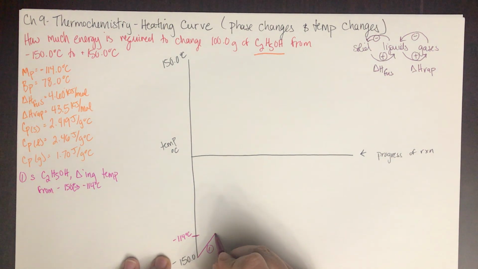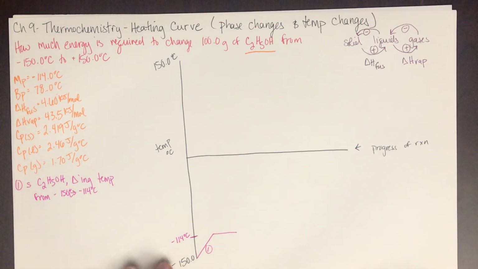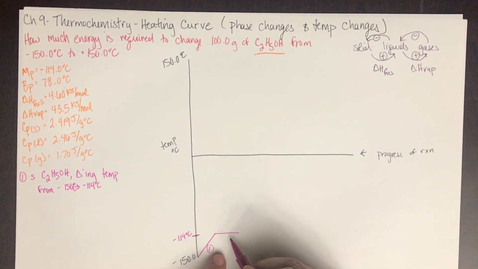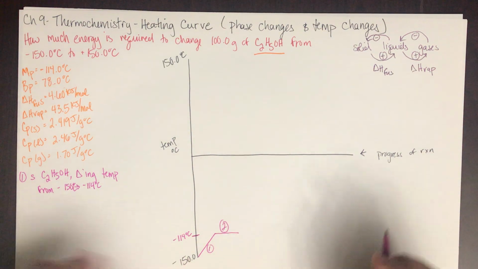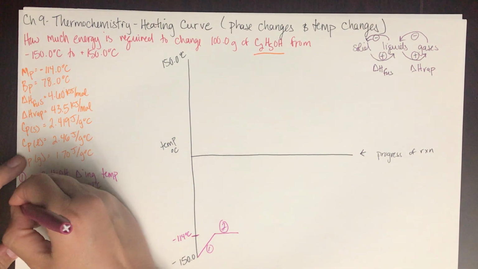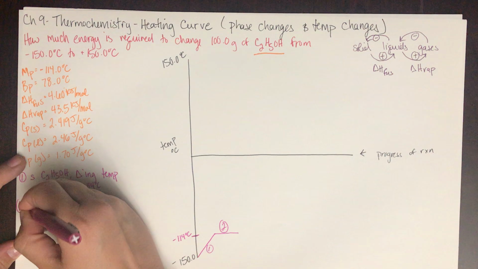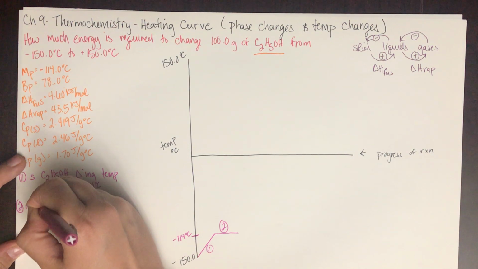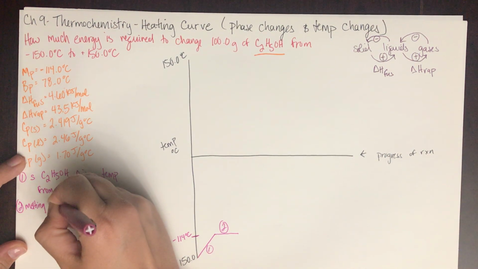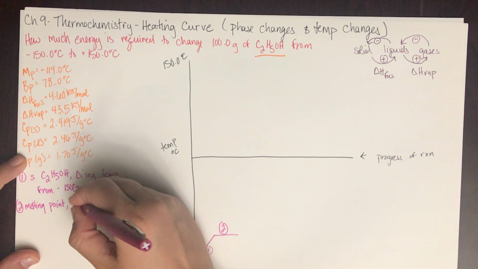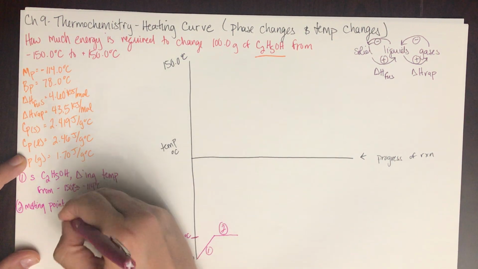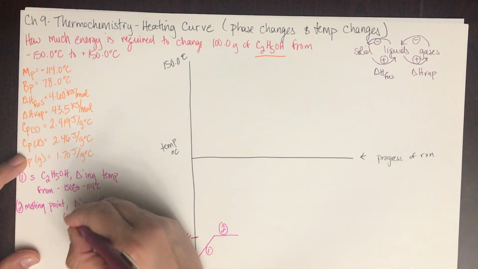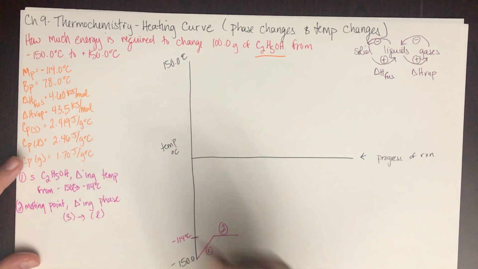Now that we're at negative 114, we're not changing the temperature. What happens at negative 114 degrees Celsius, I'm going to call this step 2. This is the melting point. So this is the point where we are changing phase. We are changing from solid to liquid.